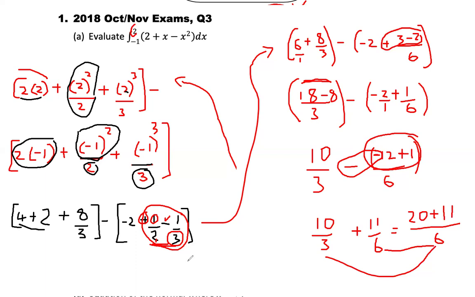So what will be the final answer? It will be 31 over 6. So the only challenge you have is that there are only fractions.